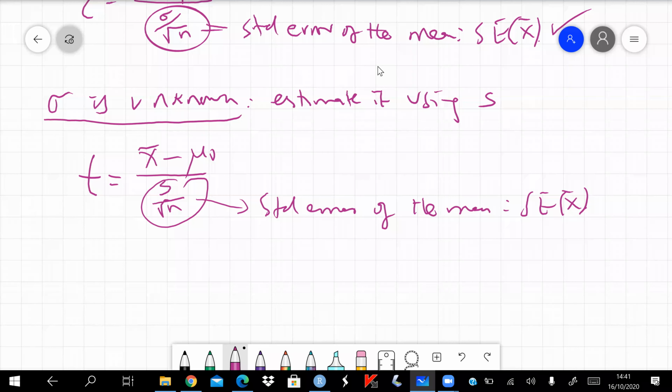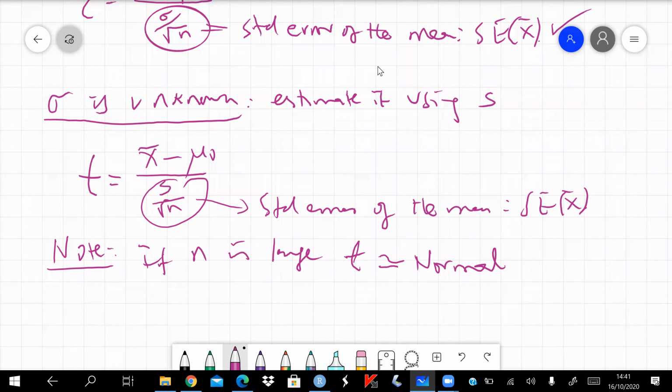But we noted that if n is large, the T distribution is approximately equal to the normal distribution. So you can use the Z statistic if you are working with a large sample.